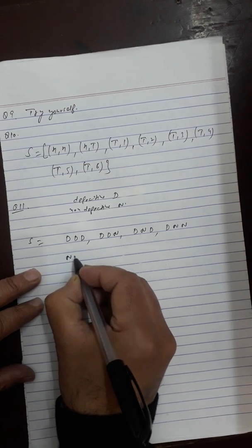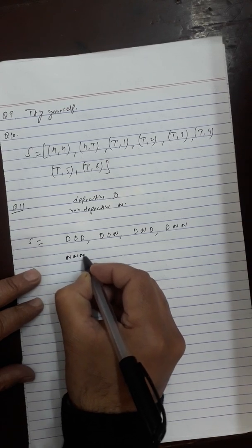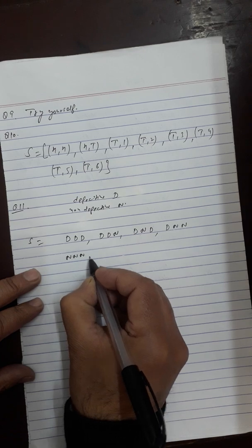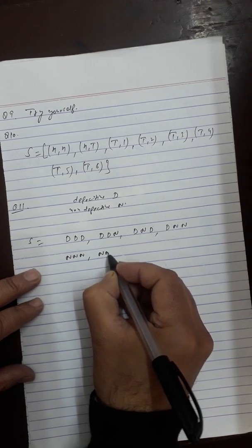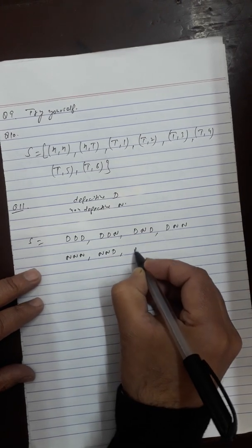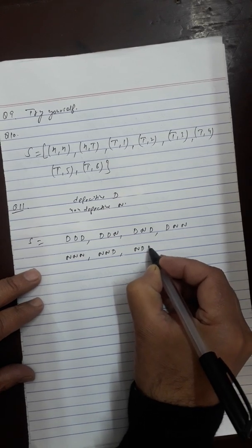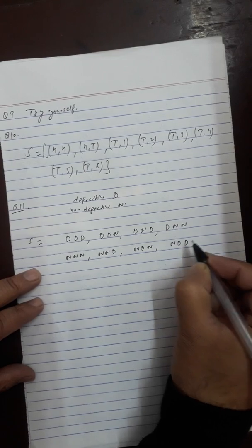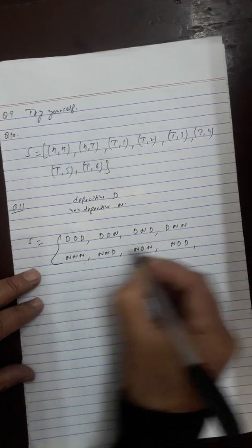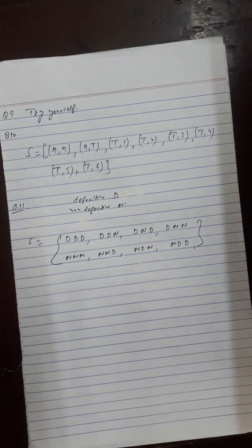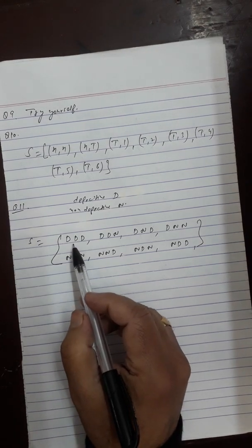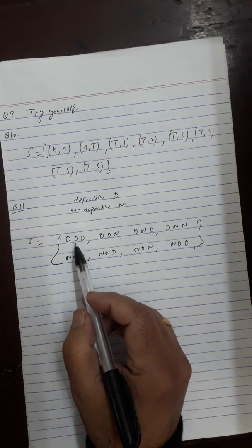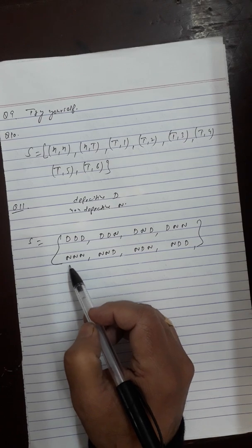Second, starting with N, means non-defective: N, D, D, N, D, N and N, N, D. So that will be the sample space. Here this D represents the defective and this N represents the non-defective.